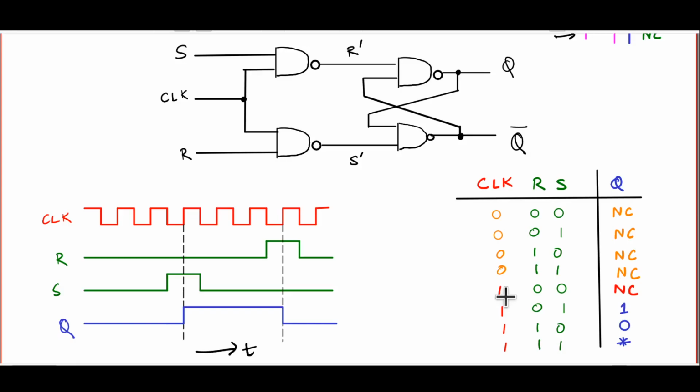But in the clocked NAND latch, with clock high, S and R both 0 is actually the no change or memory condition. And with the clock high, S and R both high is the race condition. That is one thing you have to remember. This is opposite of what happens in a single NAND latch as far as the memory versus race behavior is concerned.